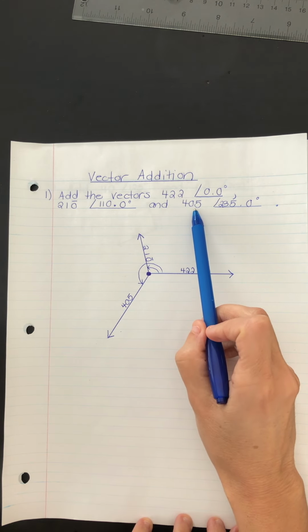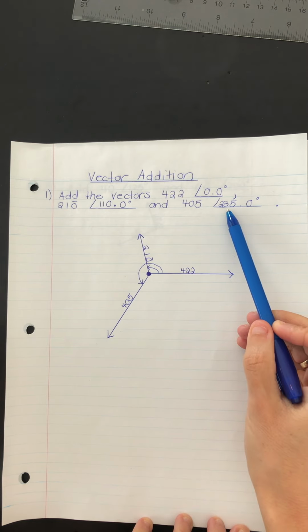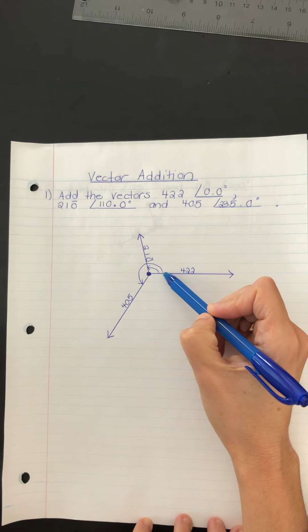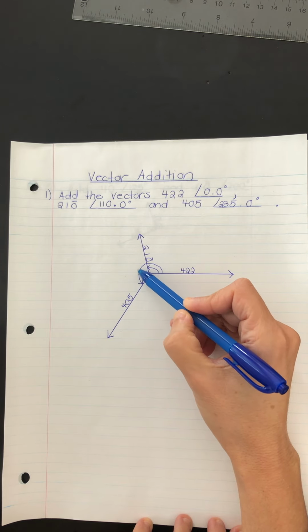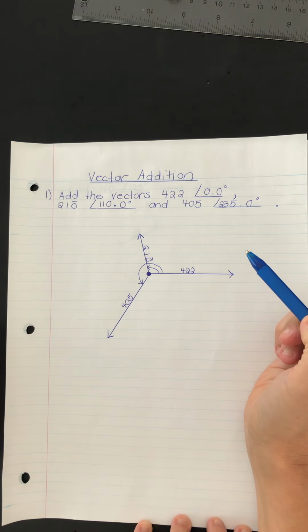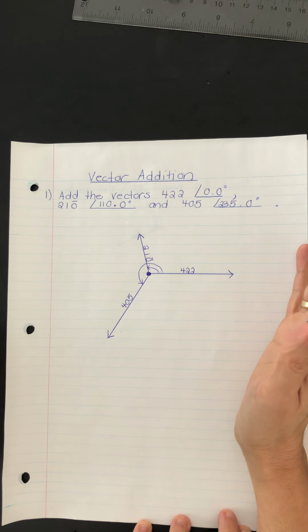And the last line should be almost as long as the first one. The length is 405 and at an angle of 235. So from the positive x direction, moving around counterclockwise 235 degrees. So this isn't completely to scale, but it gives you an idea.